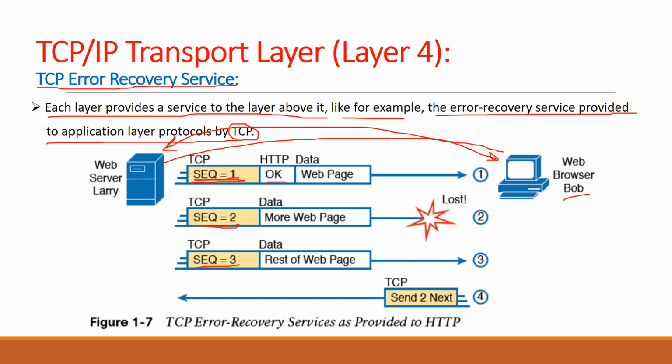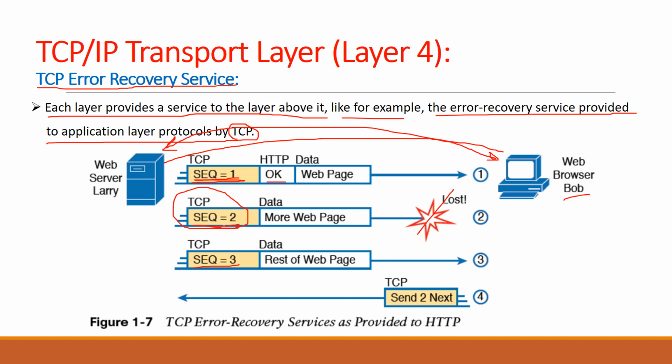Let's imagine that sequence 2 has been lost in the network between Bob and Larry. What will happen? The website will have some missing contents. This is one of the services that TCP provides to the application layer.